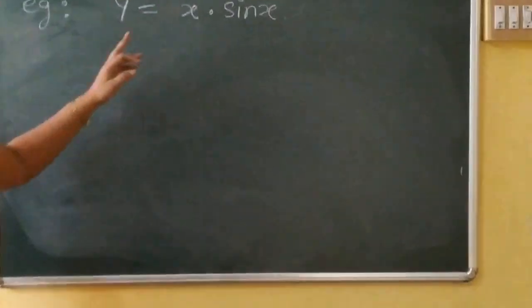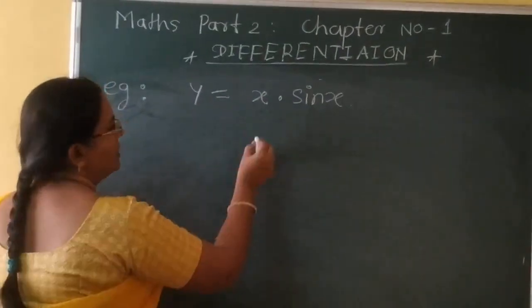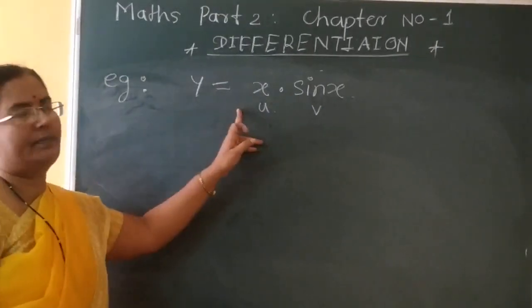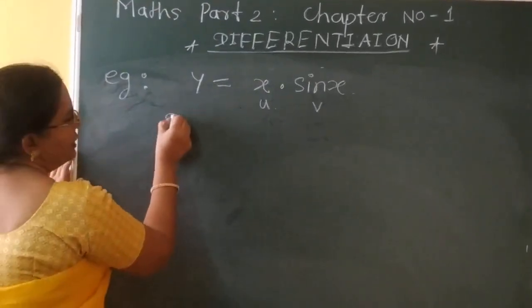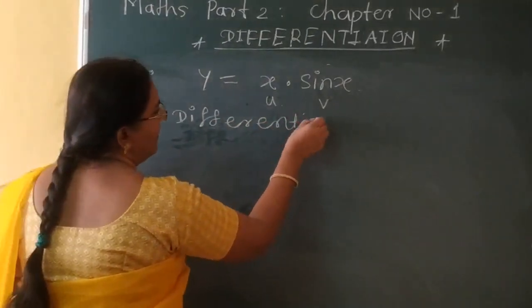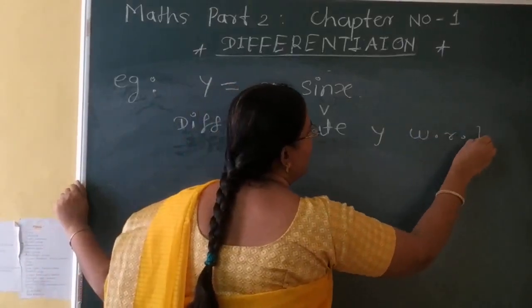This is a product of two functions: the first function u and the second function v. Then differentiate y with respect to x.